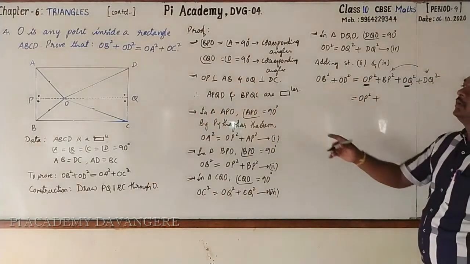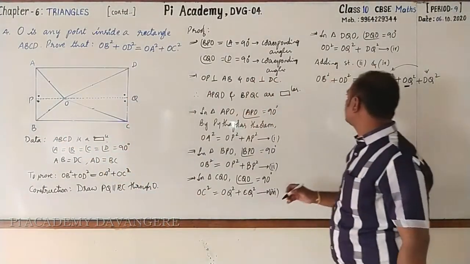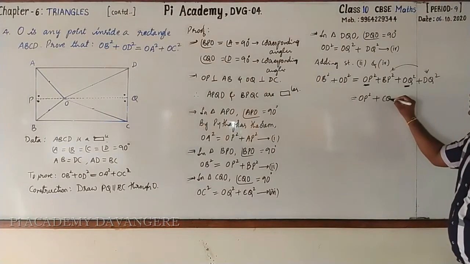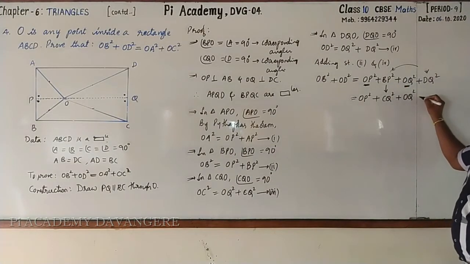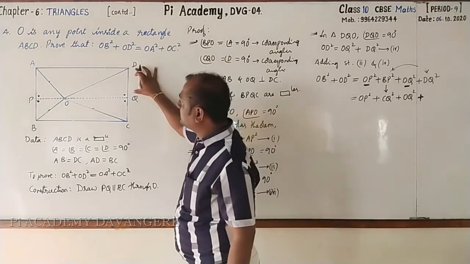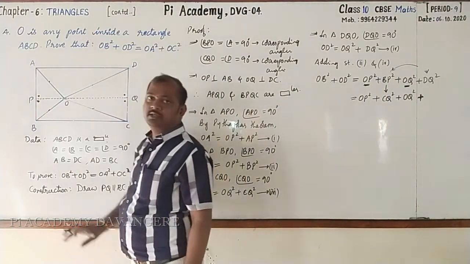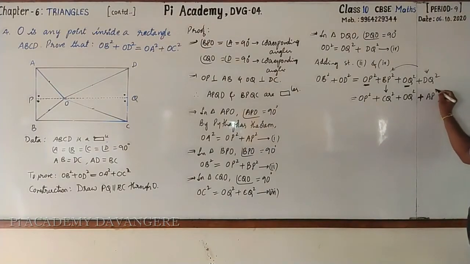Alright. In place of BP, I'll write CQ square plus OQ square as it is plus DQ square. What is DQ square? It is nothing but AP square. You are right, AP square.